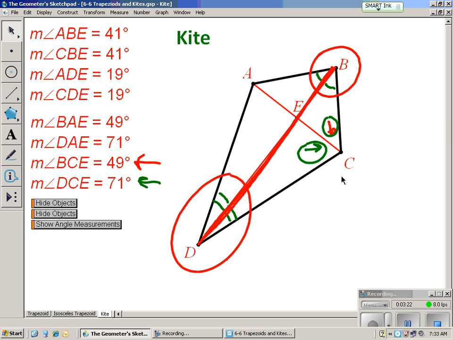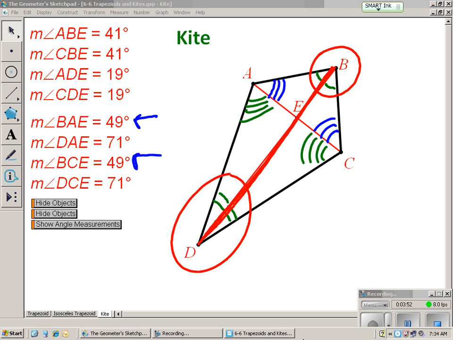But the thing you can notice right here is that BAE, this angle, is congruent to BCE. Those are the same. And that DAE is congruent to DCE.